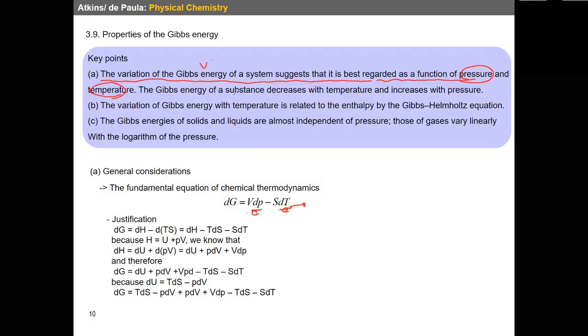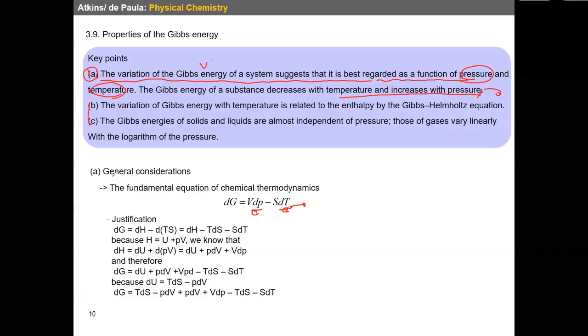The Gibbs energy of a substance decreases with temperature and increases with pressure. Why? We will learn here. The variation of Gibbs energy with temperature is also related to enthalpy, but we will not cover these two things. We only cover this one.